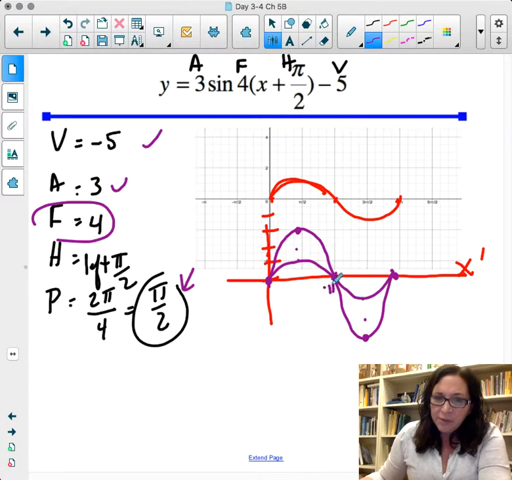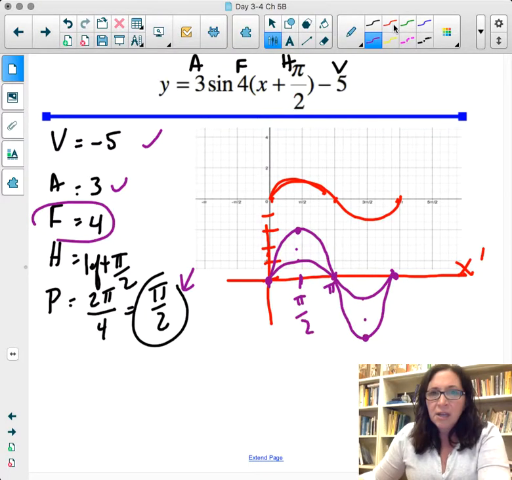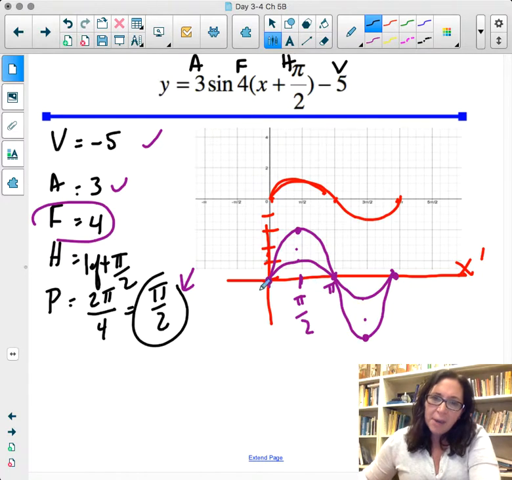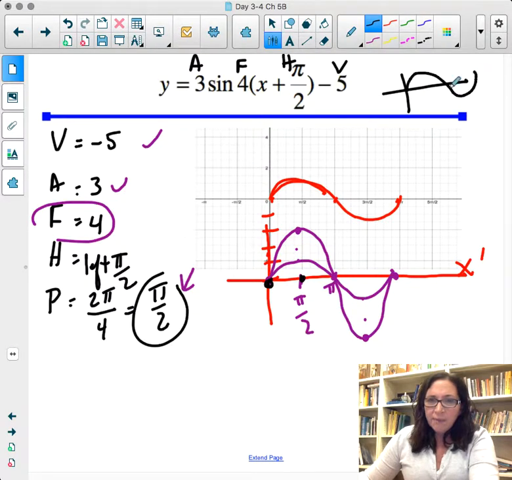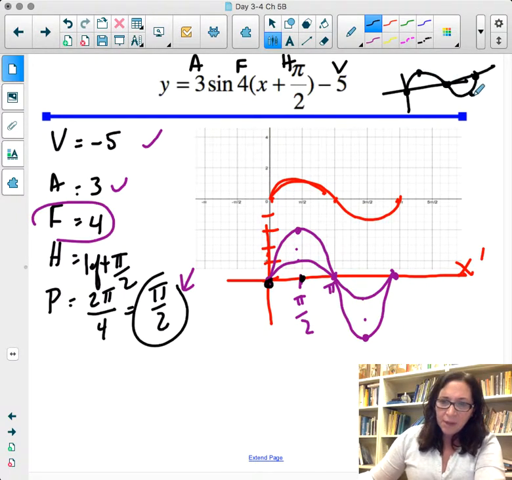Now I do know this is pi, which means this right here is pi over 2. So what that means is that my graph is going to start and stop at pi over 2. And what you need to remember about a sine wave is a sine wave starts and stops at 0, okay? Halfway in between it goes through 0. Halfway in between that you have a high point and then a low point.